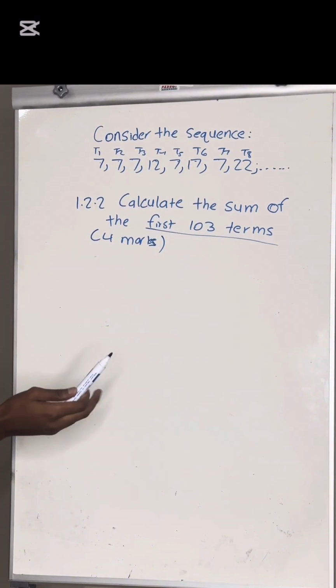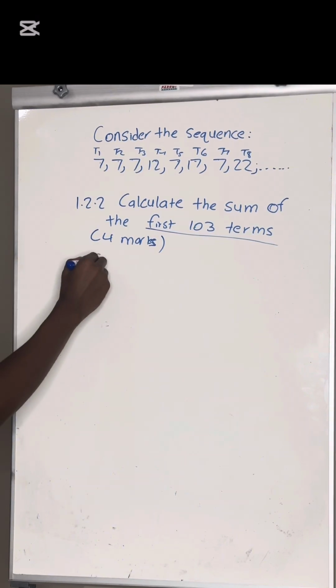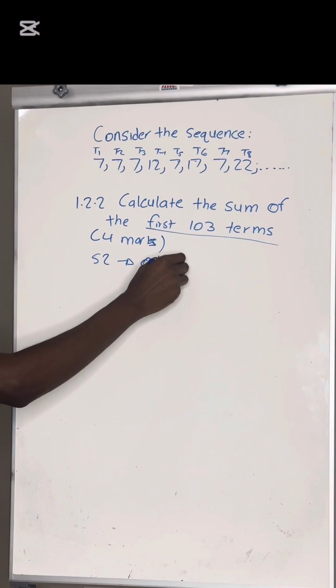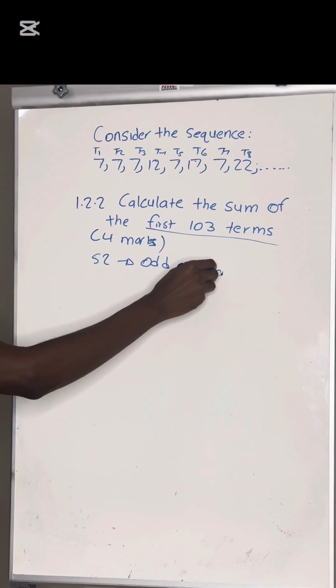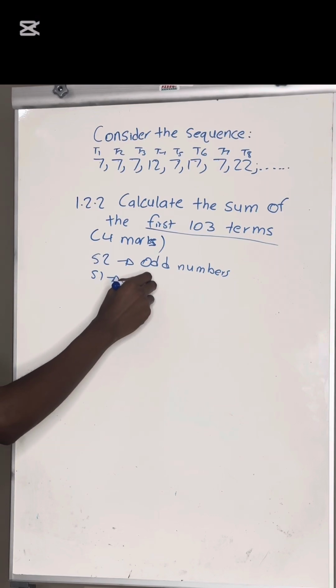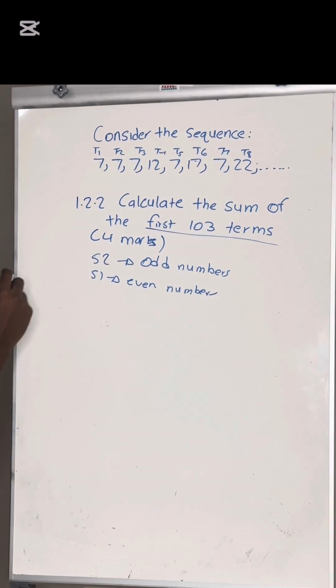And when you carry on, it's actually going to be 52 odd numbers and 51 even numbers of the sequence. And when you add 52 and 51, you get 103. Okay, so let's carry on from there.